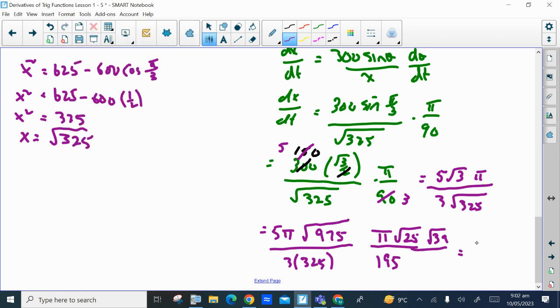So it'll be pi root 39 over 39. And so there's your exact answer. It's the rate at which x is changing with respect to time. That's what it's increasing by.